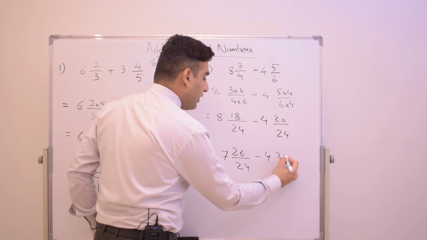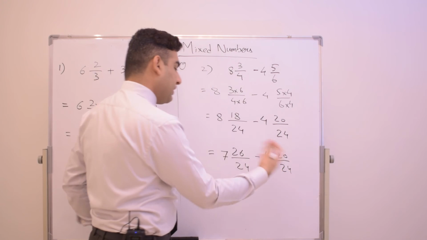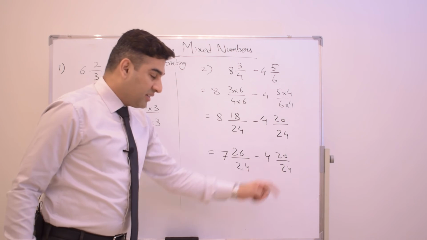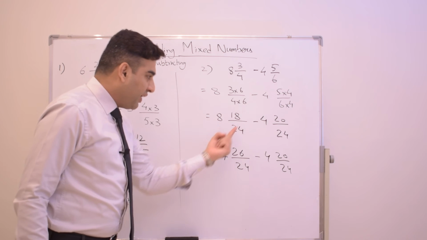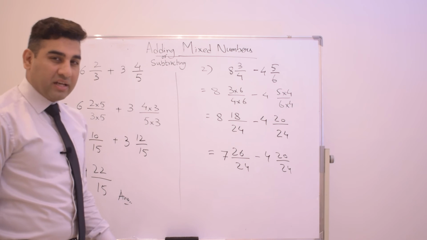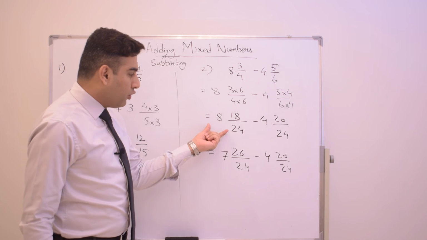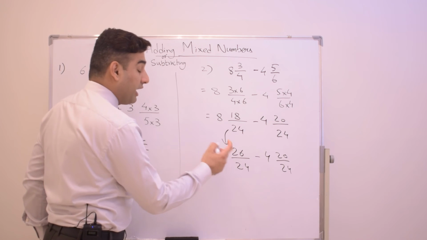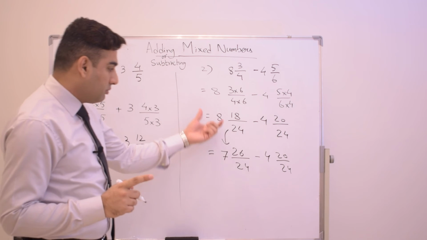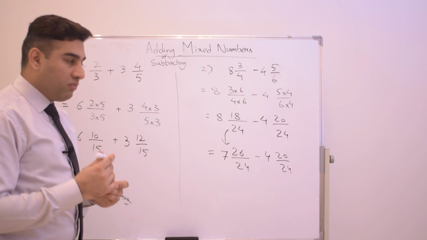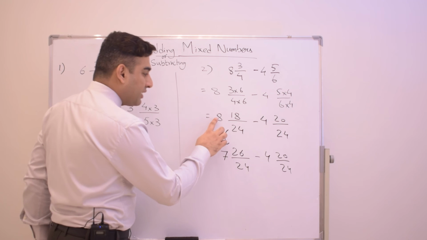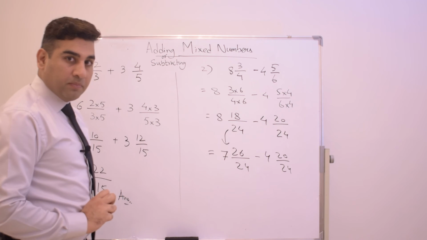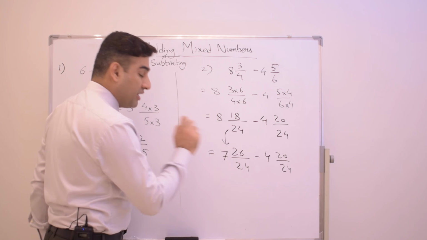Now 4, 20, 24, you can see the denominators are the same. I changed the face of this mixed number. What I did, actually, I made an equivalent fraction, an equivalent mixed number over here. I added this number into this numerator, 18 plus 8 comes 26.